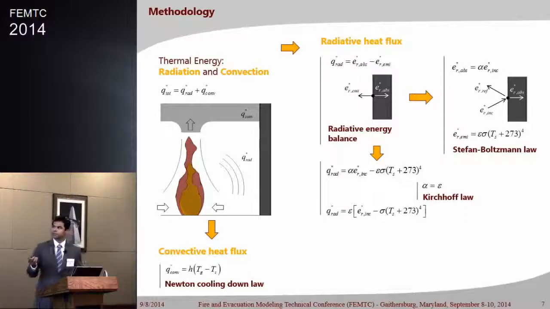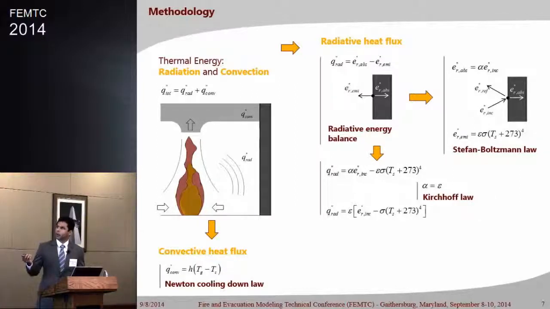The radiative heat flux is a little bit more complex. It will be calculated by a radiative energy balance, which means the absorbed energy minus the emitted energy by the surface. The absorbed energy will be considered as part of the incident energy. Part of this incident energy will be reflected, so it will be discarded from here, and part will be absorbed.